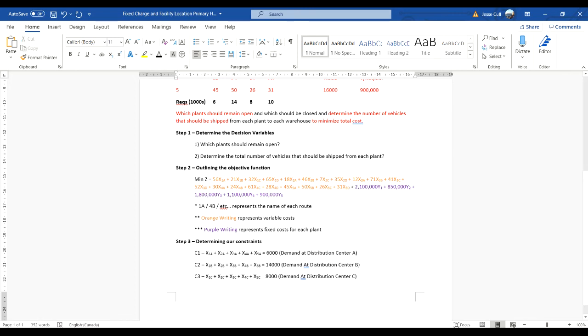The last one from this section, C4, X1D plus X2D plus X3D plus X4D plus X5D is equal to 10,000.